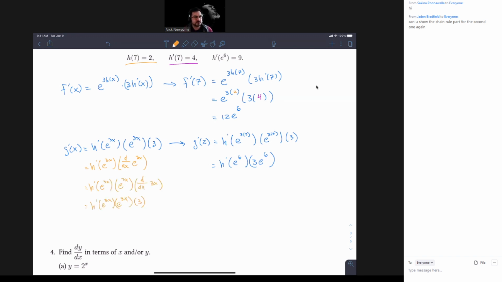So we get this, that's why it's called chain rule. We get a chain of derivatives. Start on the outside and work your way in. So h happens first, then e, then the 3x.